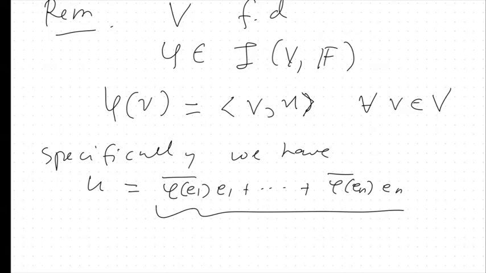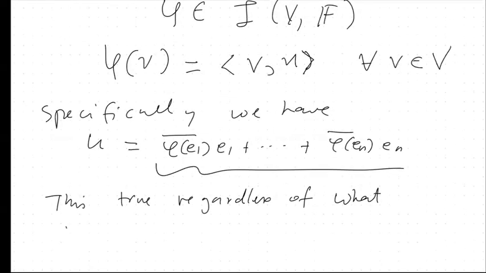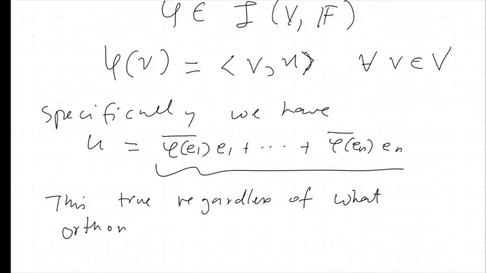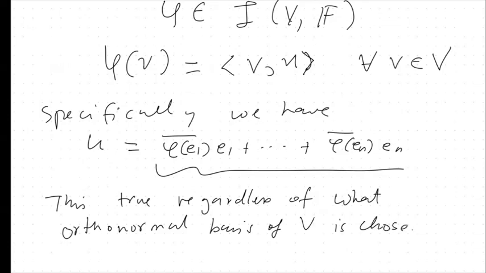So in this case, this is true regardless of what orthonormal basis of V is chosen. Here we just have a procedure to get an orthonormal basis by the Gram-Schmidt process.